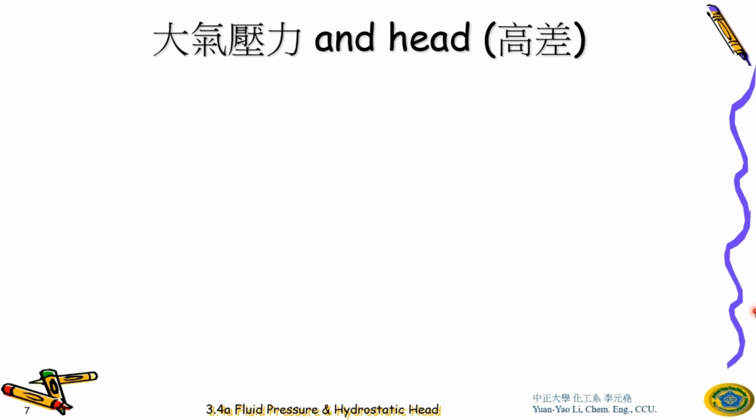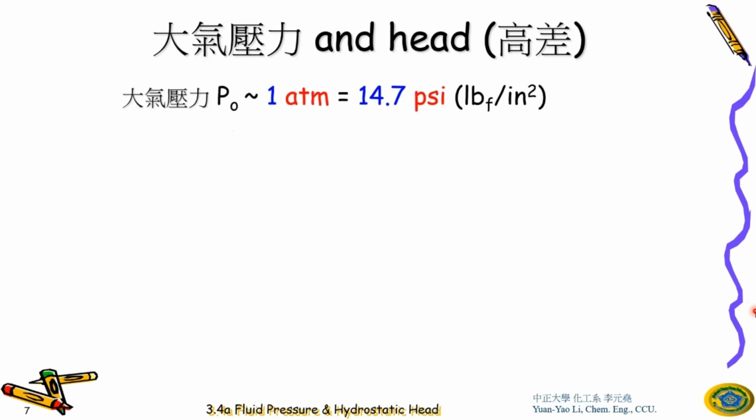So how are we going to describe the pressure? This is called atmospheric pressure. When we stay here, we are under a pressure from the air, from the very far sky, very far away molecules of the air hit us, and we get pressure. This is what we normally call 1 atm. For the American engineering system, we use pounds per square inch, right? 1 atm is equal to 14.7 psi.